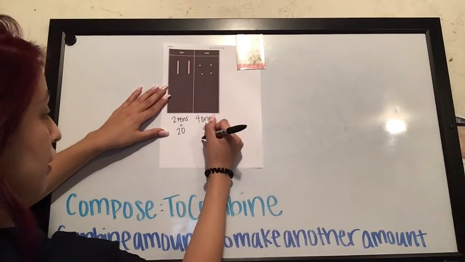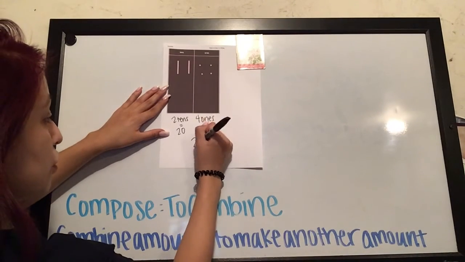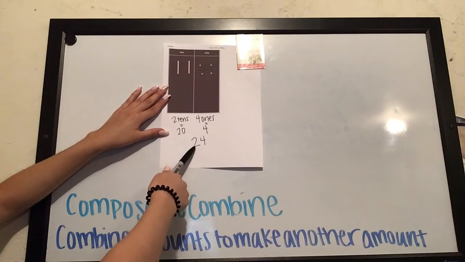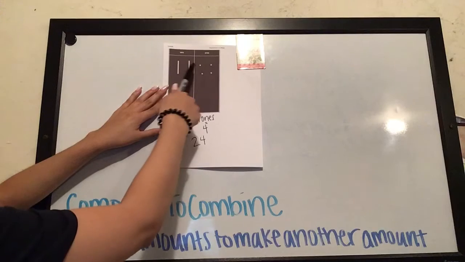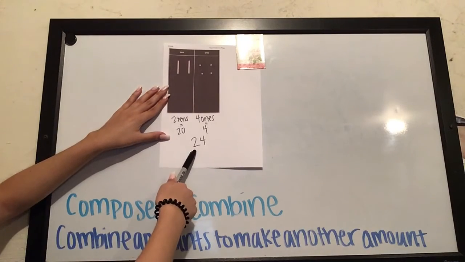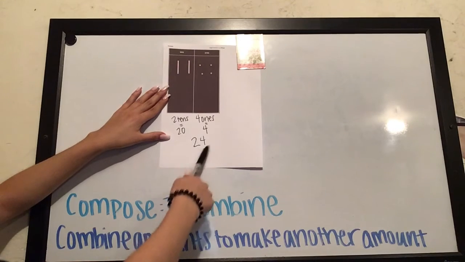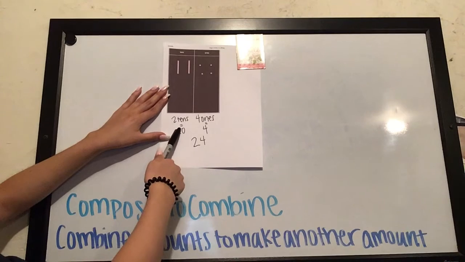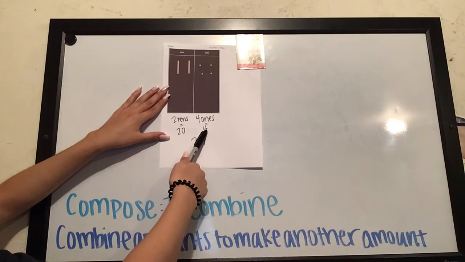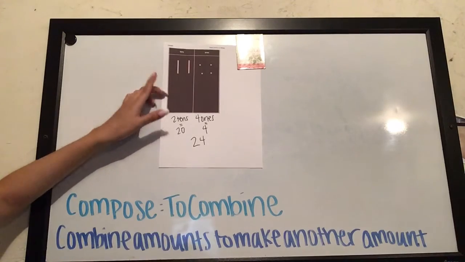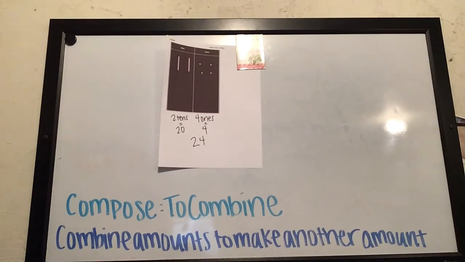We have 4 ones and 2 tens, but remember, the value of the 2 is 20, not 2, because there's 2 tens, and then this is just 4 ones. But that's how you get 24. If you have 2 tens equals 20 and 4 ones equals 4, if you add 20 plus 4, you get 24. All right, let's do one more.